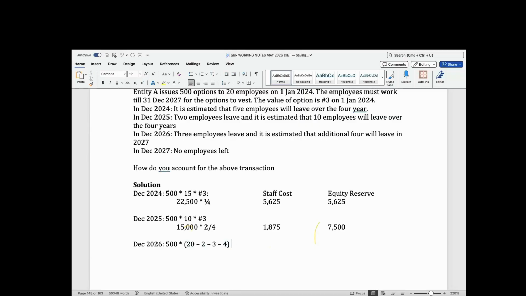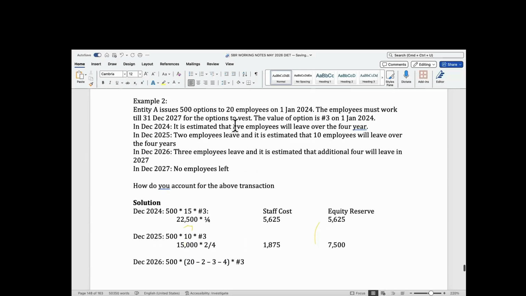Please, this in 2024 December, what of the 5 employees that left? Is it not inclusive? It's an estimate. In this 2024 December, they estimated that 5 will leave over the 4 years.